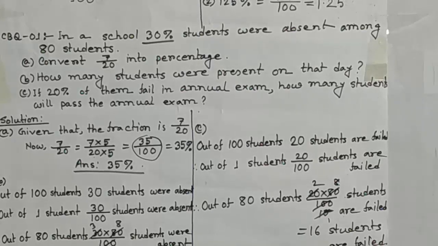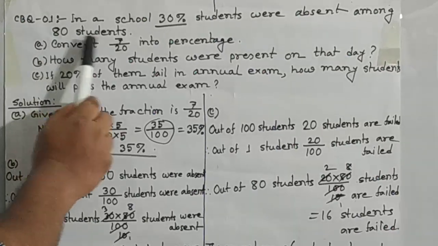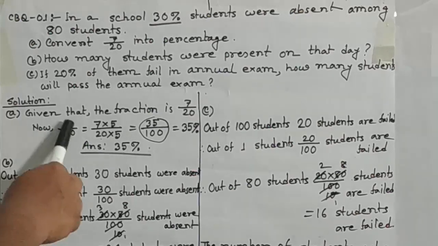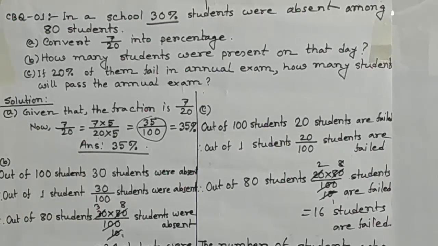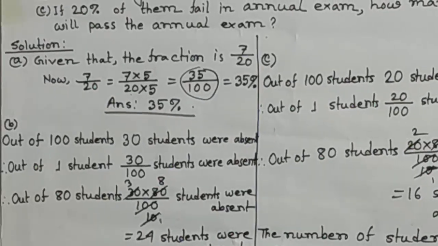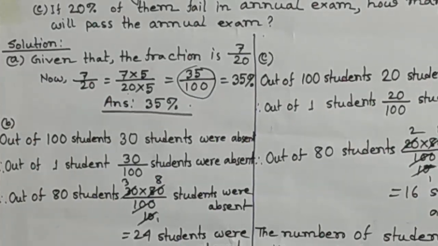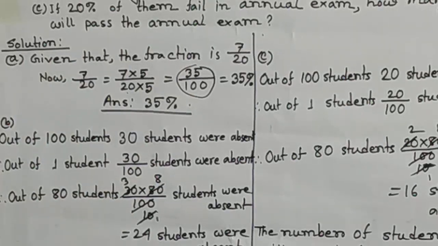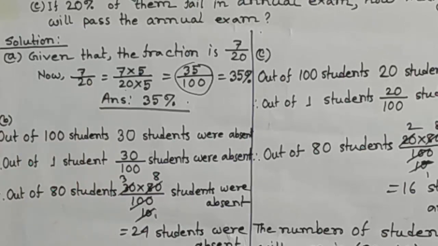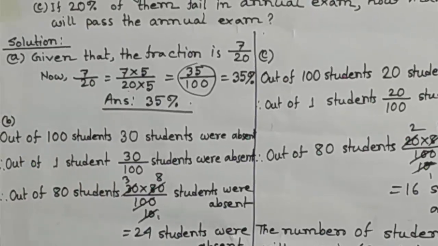At first, the first question is to convert 7 by 20 into percentage. 7 by 20 is a fractional number. So we convert this into percentage. In order to make percentage, the denominator must be 100. If we want to make 100, then 20 must be multiplied by the number 5.